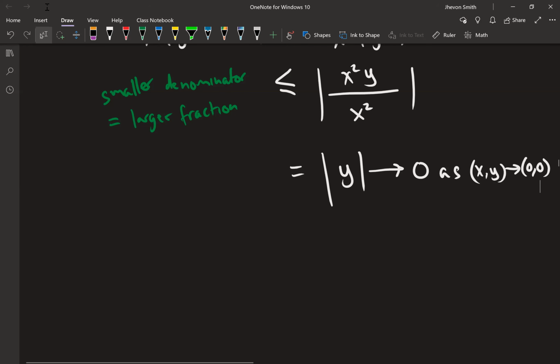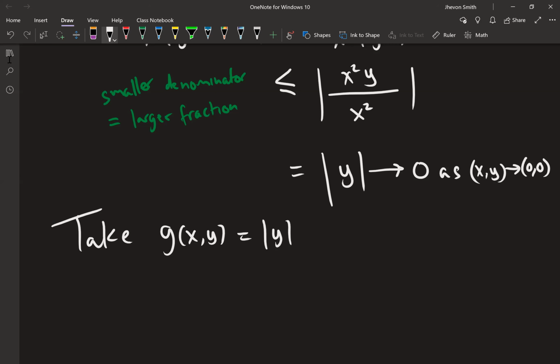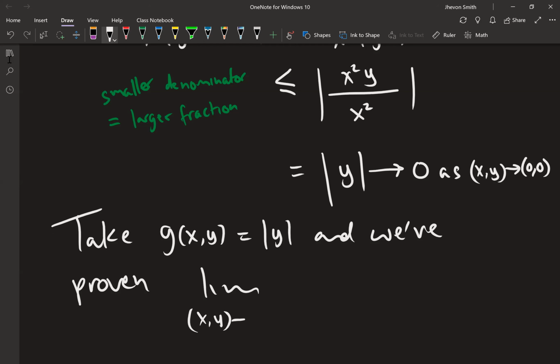So all I have to do is take g of (x,y) equals the absolute value of y, and we've proven the limit as (x,y) approaches (0,0) of x squared y over x squared plus y squared... yeah, we found the needle in the haystack... equals 0. We found the g.